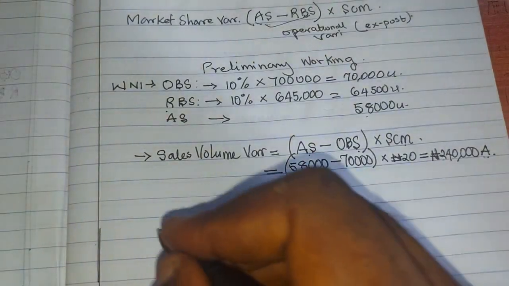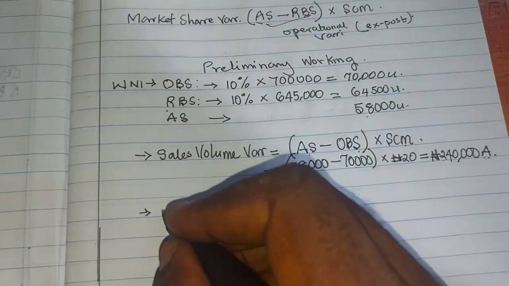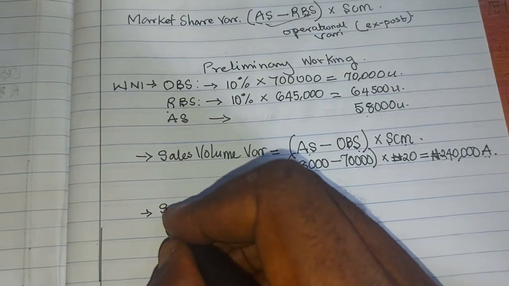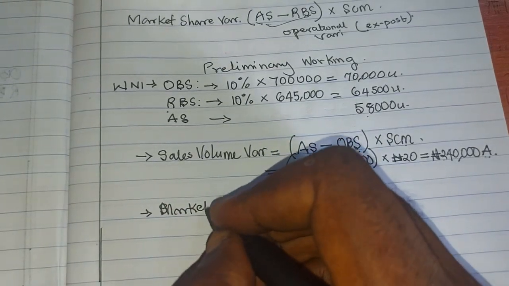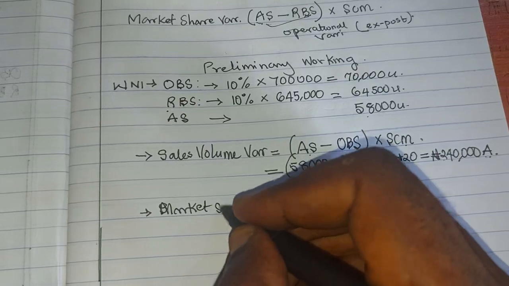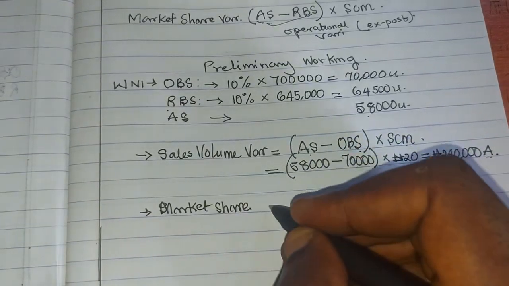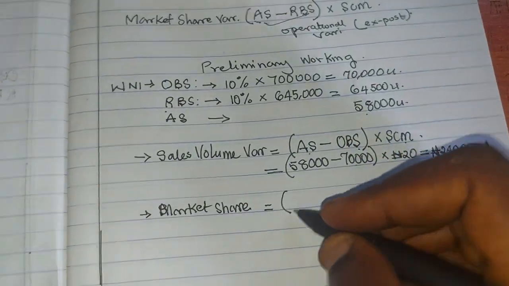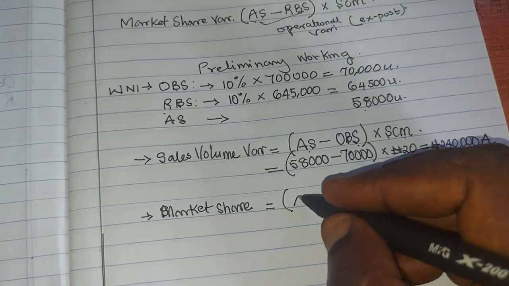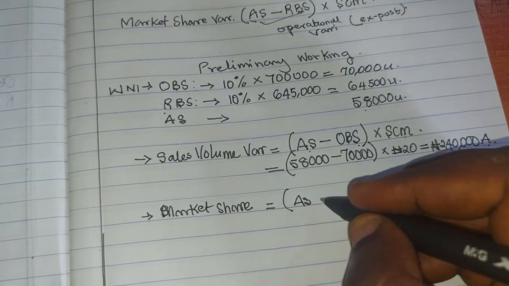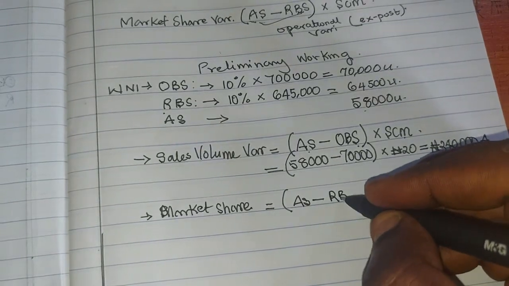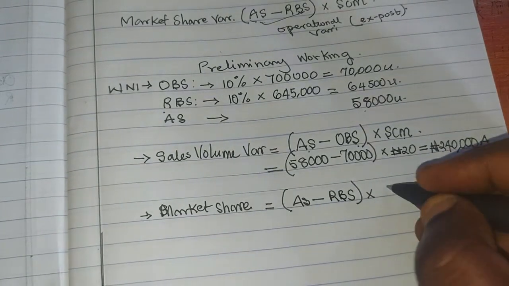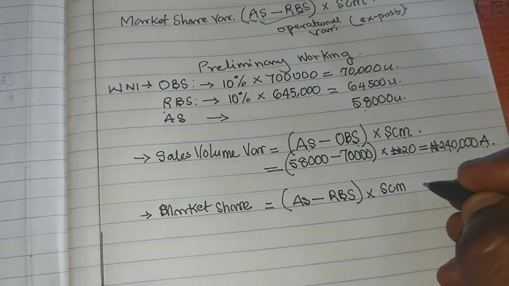Now we have to calculate also the market share variance, and the formula for that is actual sales minus revised projected sales multiplied by standard contribution margin.